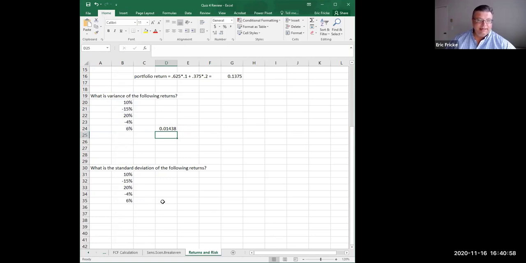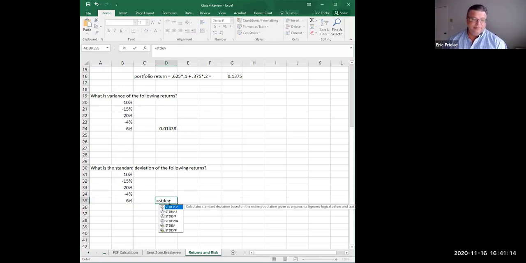Okay. And then for standard deviation in this problem, there are two ways to do it. You can take the square root of this number up here, or you can just calculate the standard deviation using the formula built into Excel. That's what I'm going to do right now. It's the same idea.